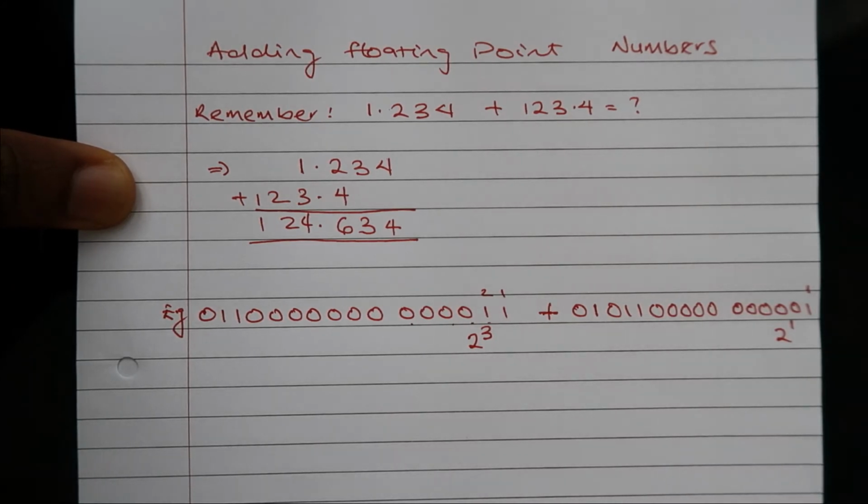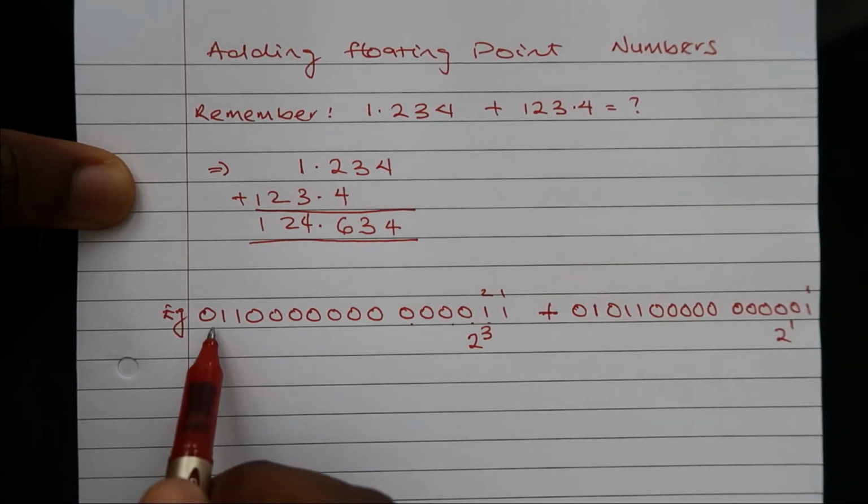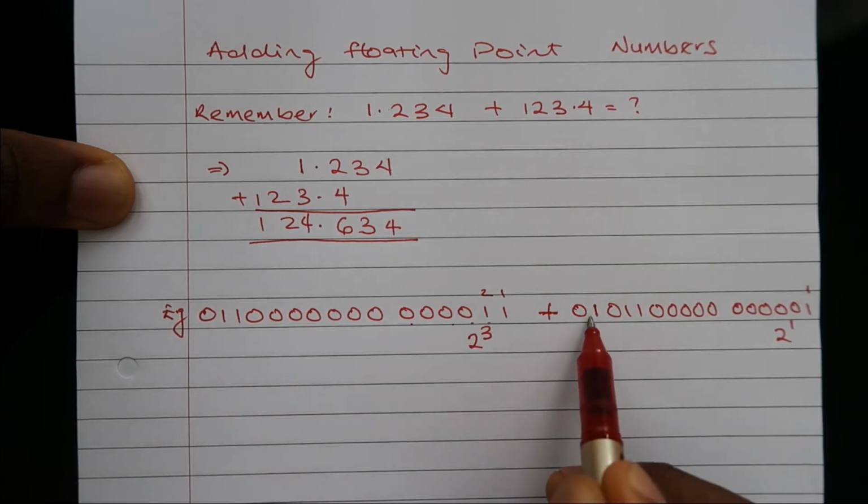Now remember, when we looked at normalization, if you've not seen the video, I've posted it separately, we highlighted the fact that our mantissa would always have a decimal point here.